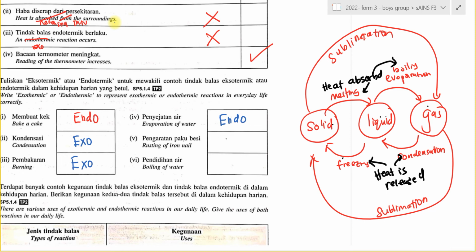Remember, rusting is actually exothermic, because rusting is basically iron reacting with oxygen. Any metal reacting with oxygen is equivalent to combustion. Since the combustion is very slow, taking years, we name it rusting. Okay, right. Boiling of water, endothermic. Okay, please screenshot this, very important one.